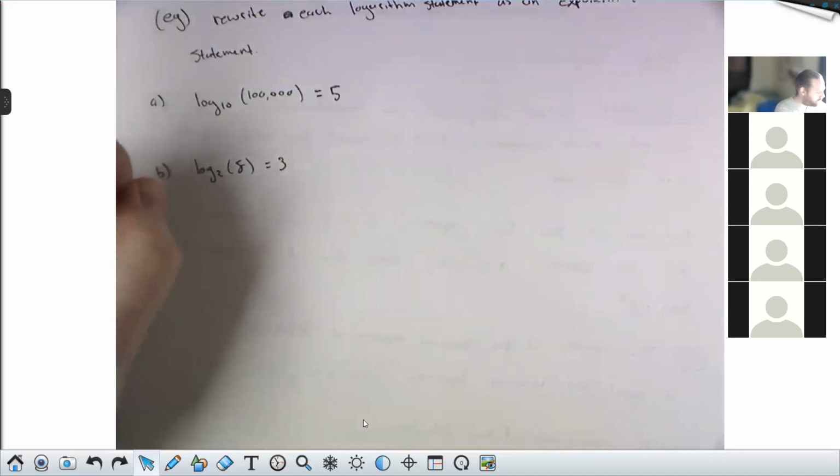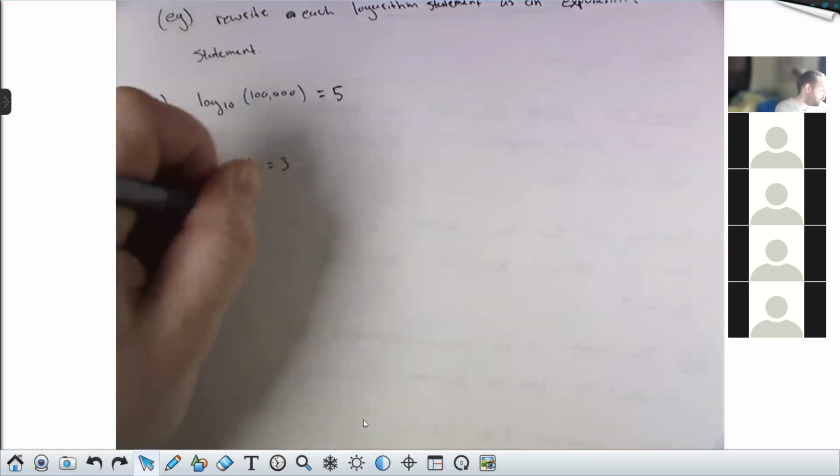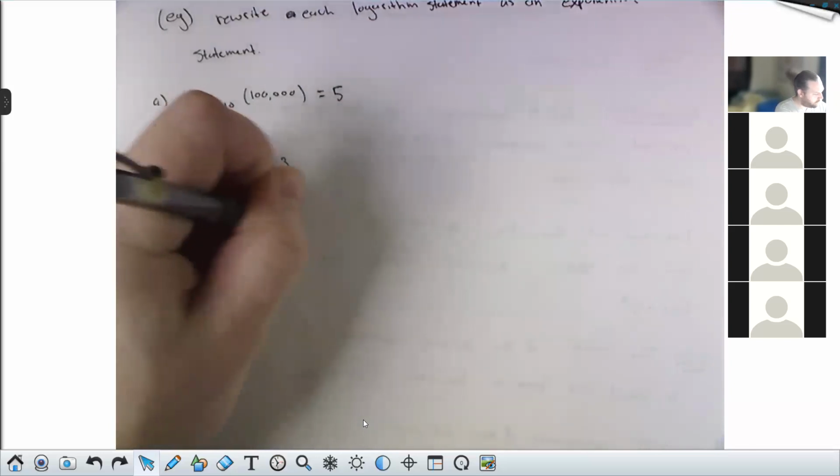like the base 2 log of 8 is 3. The base 3 log of 1/9 is -2.